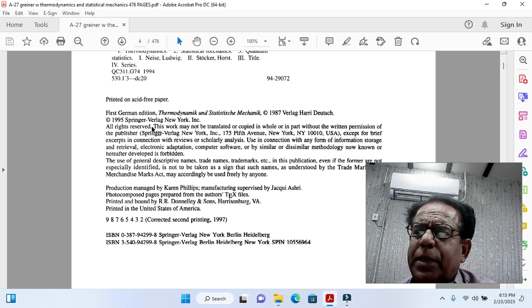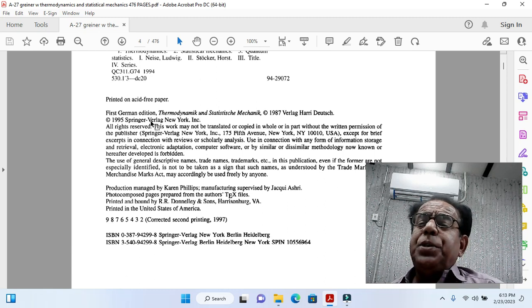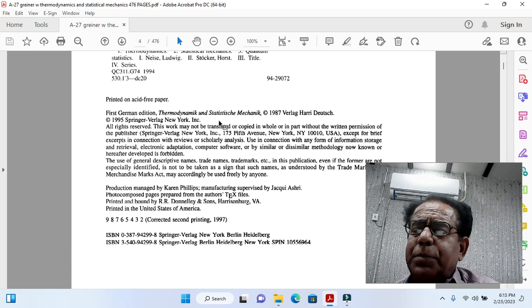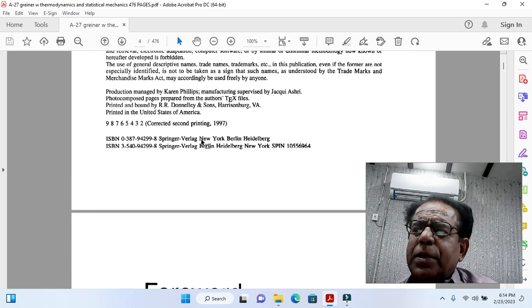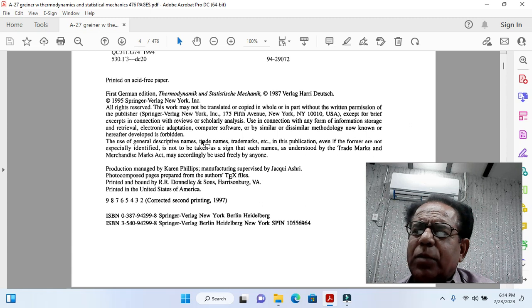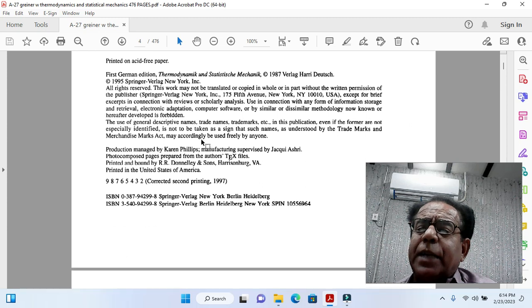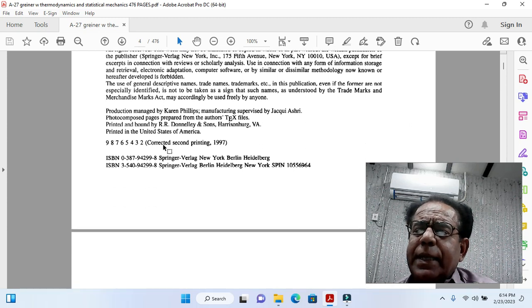First German edition. Dear students, usually such unusual names appear from some other language. As it is written here, first German edition, Thermodynamics and Statistics, in 1987, and then in 1995 it was translated from German to English.